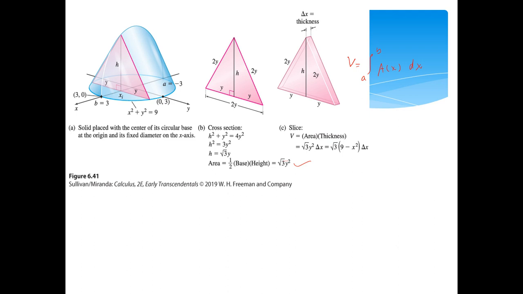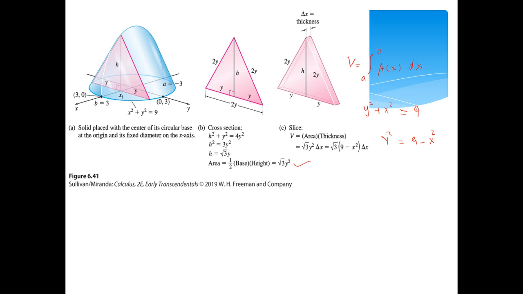We know y squared plus x squared is equal to 9, right? This is a circle with a radius of 3. That means y squared basically equals 9 minus x squared.